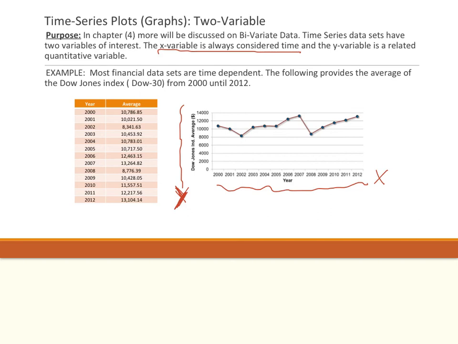You will notice that we put a dot for each value of the average within the diagram that meets the ordered pair. So for example, in 2000, the average was 10,786.85, and so we put a point as close as we can that represents that ordered pair on the graph. And we will do that throughout the rest of the graph.